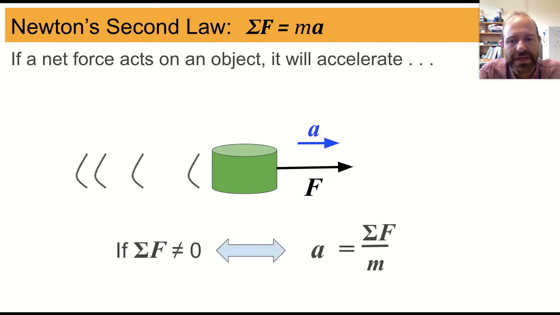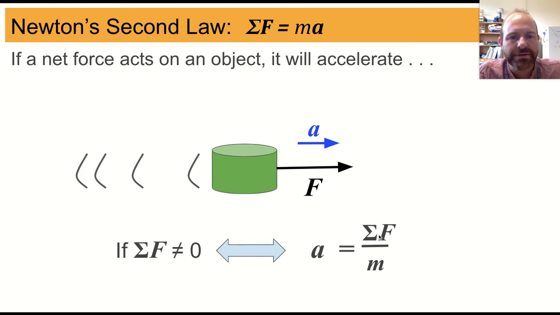So if the net force doesn't add up to zero, then there will be an acceleration, and the acceleration rate will depend on that net force and the mass of the object. That's the fundamental idea. And although it's usually stated net force equals ma, if you want to think about what causes the acceleration, acceleration is equal to net force divided by mass.